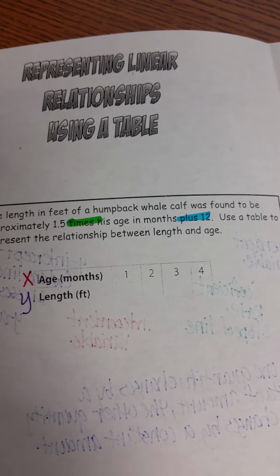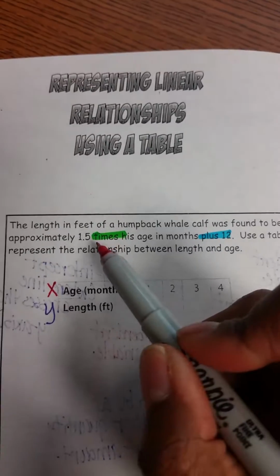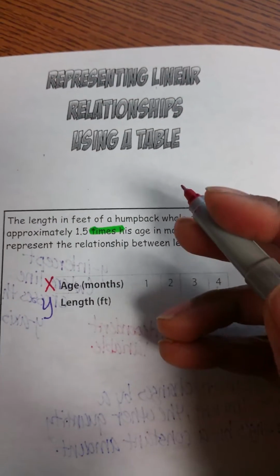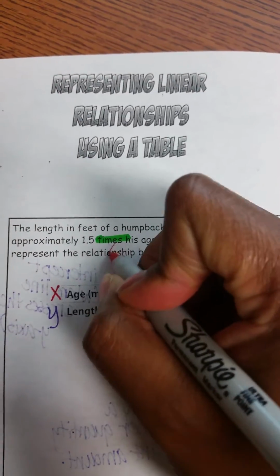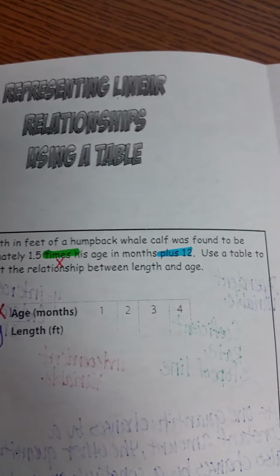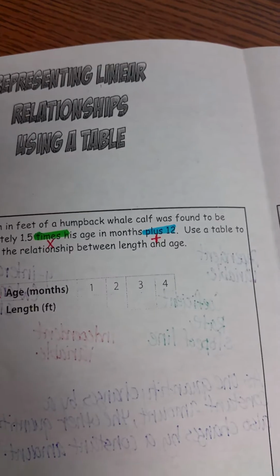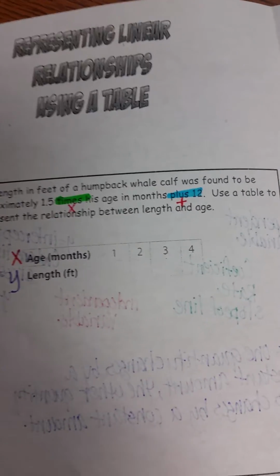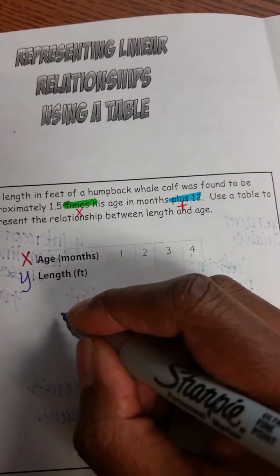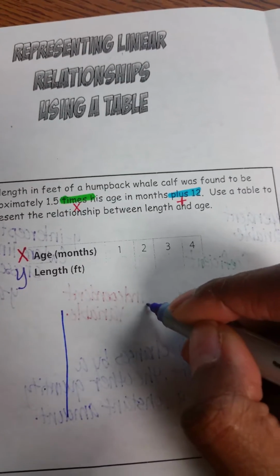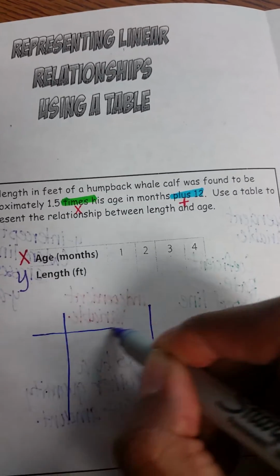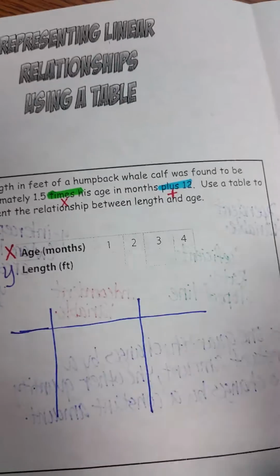So now let's talk about what this times means. 1.5 times its age in months plus 12. Okay, so now we're going to create our table here. We're going to create our x and y table. And if you remember, we did this when we did sequences last year.